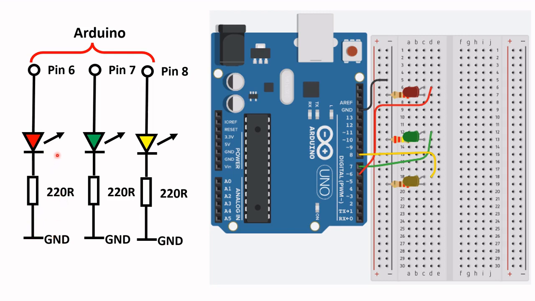That's for the red LED, and the same applies to the green and the yellow LED. The green LED is connected to pin 7, and the yellow LED is connected to pin 8 of the Arduino Uno. And on this side is the wiring diagram for this schematic diagram.